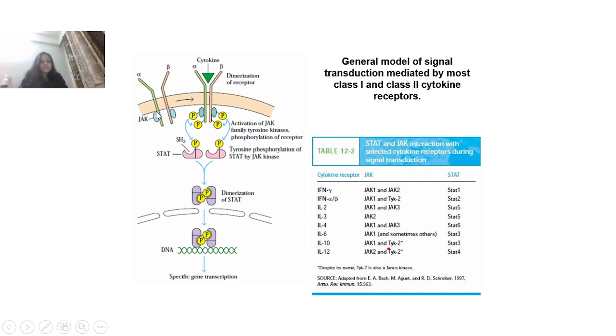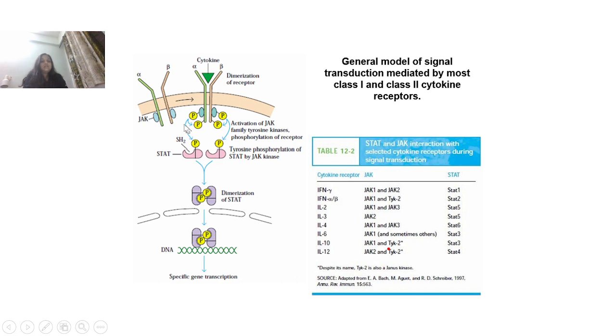These are proteins present near the receptors, from the family of tyrosine kinases, and there is a phosphorylation of these Janus kinases which activates them, and they then phosphorylate the receptor.